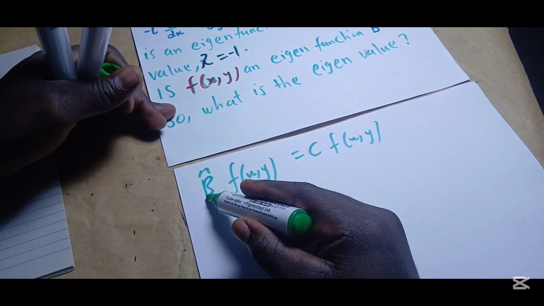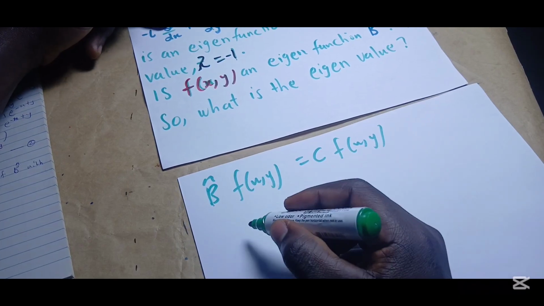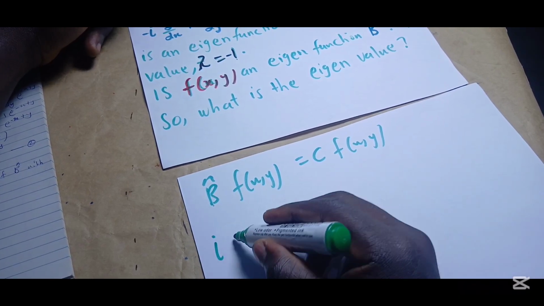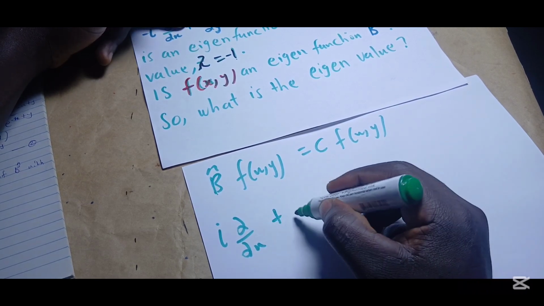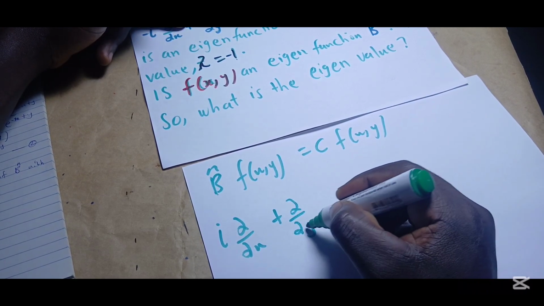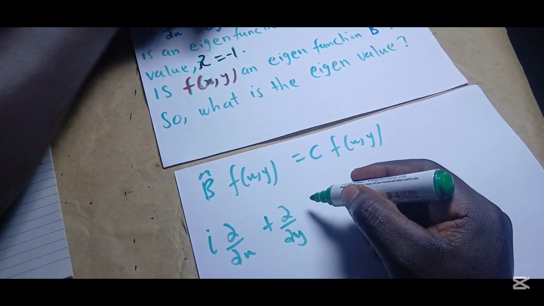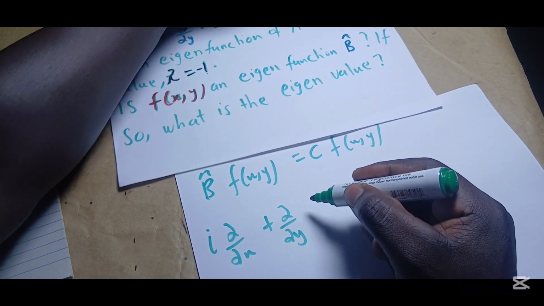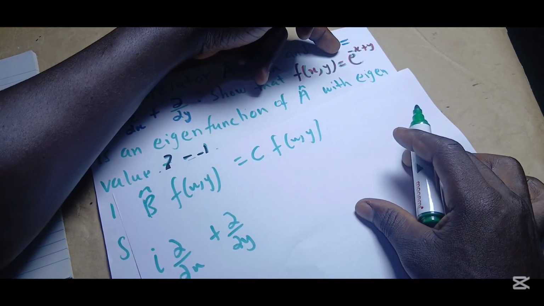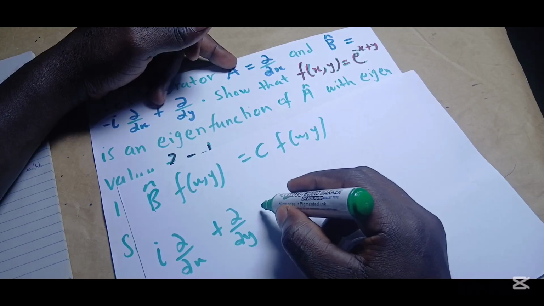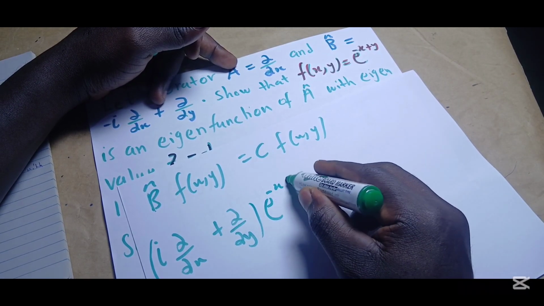So operator B is negative i times the partial derivative with respect to x plus the partial derivative with respect to y, operating on the function e to the power minus x plus y.